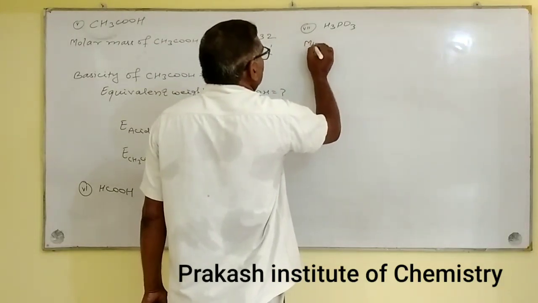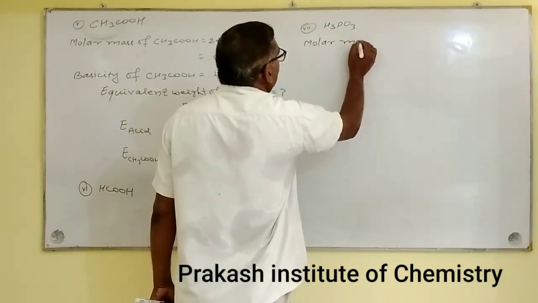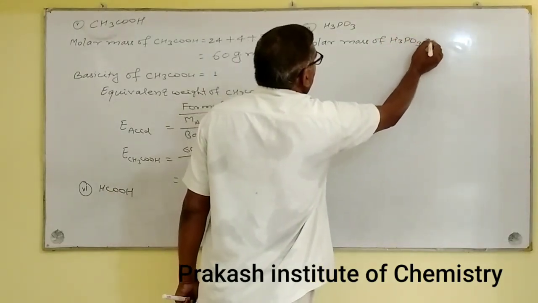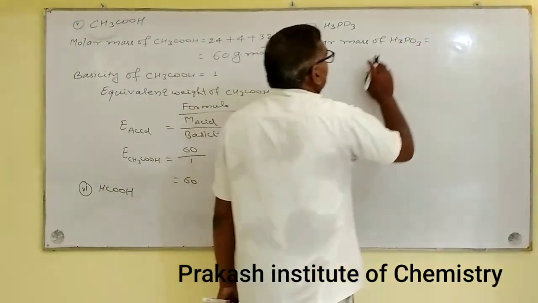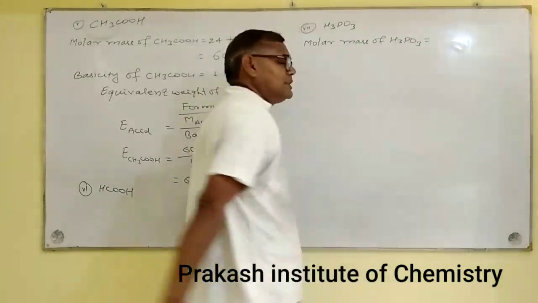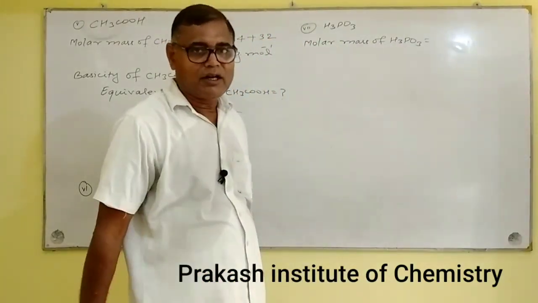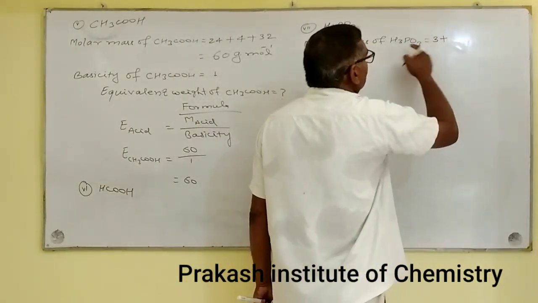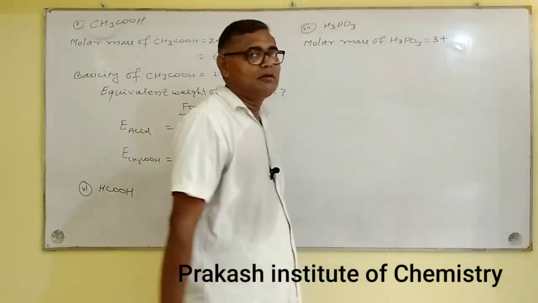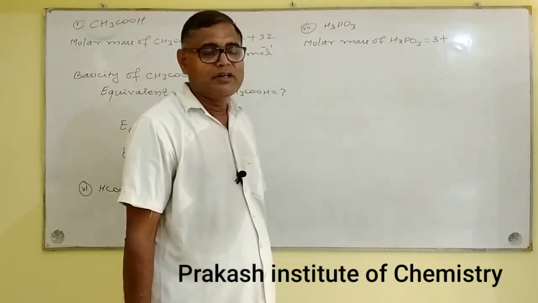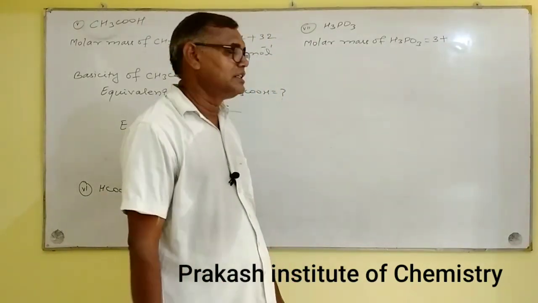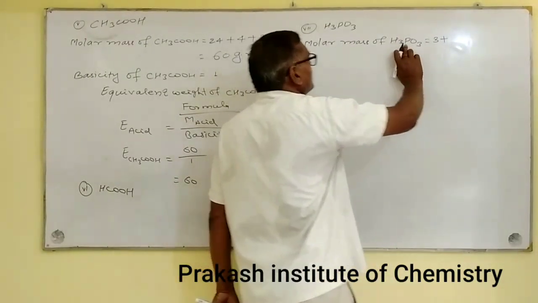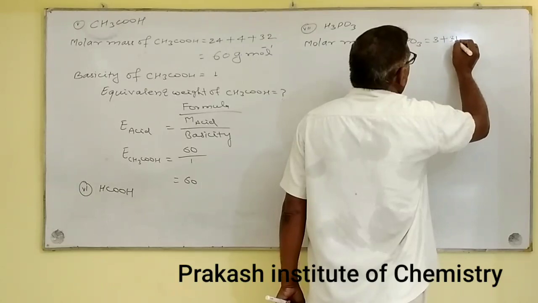We write molar mass of H3PO3 is equal to number of hydrogen atom 3, atomic weight of hydrogen is 1, we multiply 1 and 3, we get 3. In H3PO3 number of phosphorus atom 1, atomic weight of phosphorus is 31, we multiply 31 and 1, we get 31.